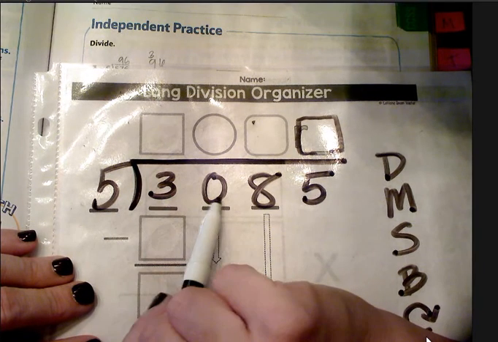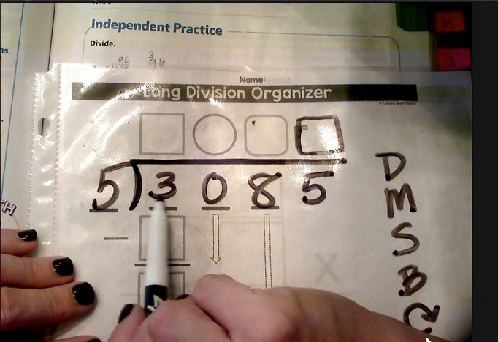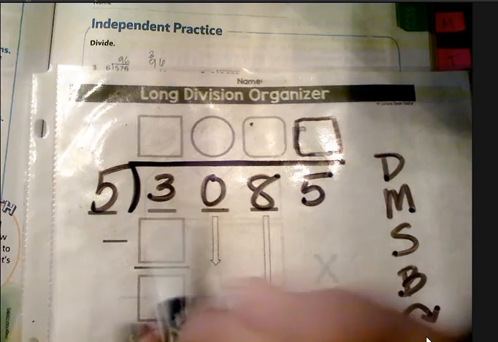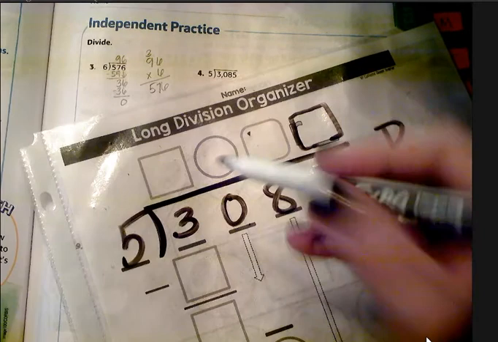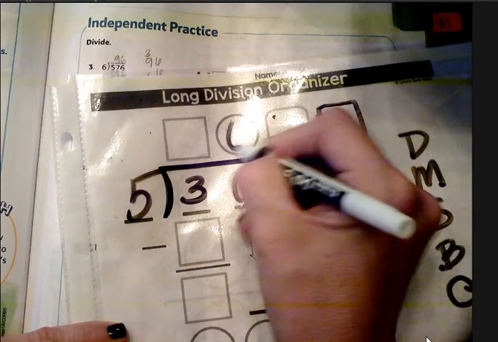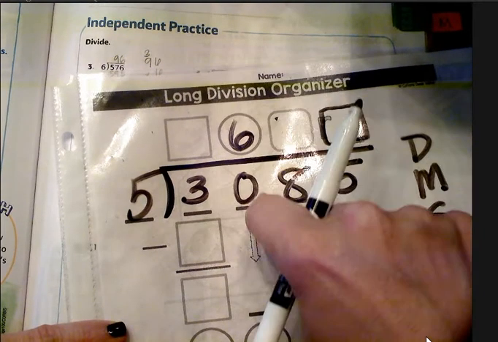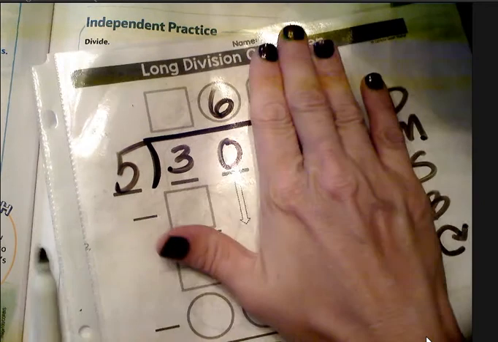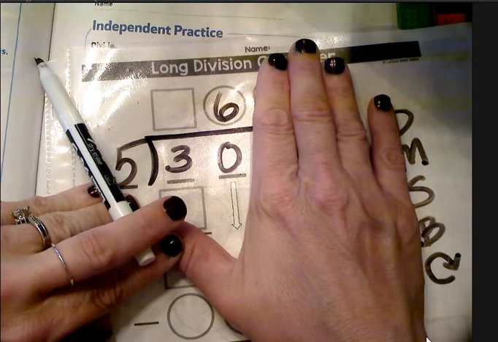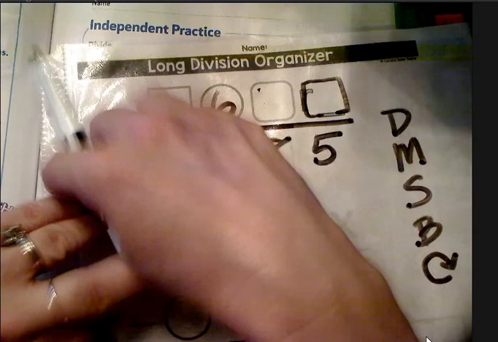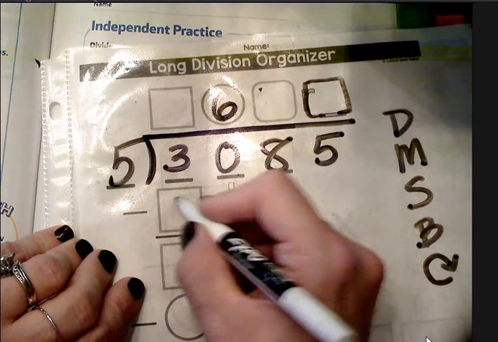How many times does 5 go into 30? 5 into 30, exactly. There's my 6. So we're going to write my 6 right up here. We're putting the 6 on top of the 0 because that's the problem we're looking at right now, 5 into 30. So we place that 6 right on top of the 0 in 30. 6 times 5 is 30.